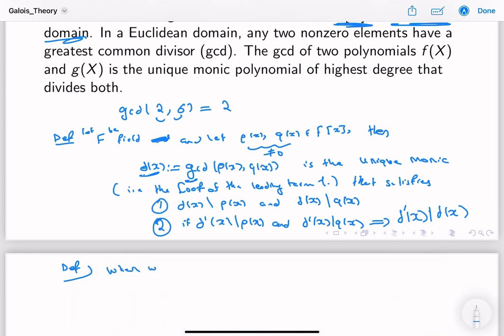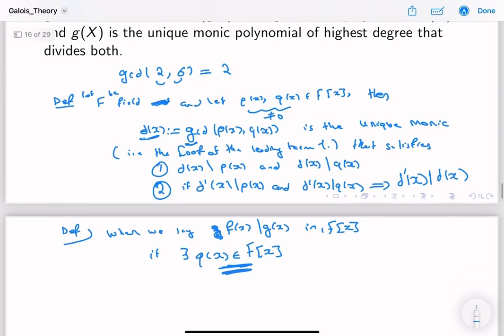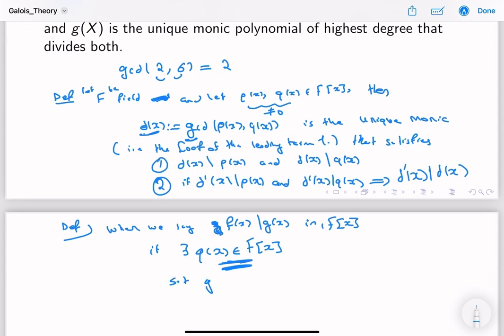When we say f of x divides g of x, if we're talking about the polynomials over this field, we say that f of x divides g of x if there exists a polynomial q of x, but it's very important that this polynomial is in F[x], such that g of x is equal to f of x times q of x.